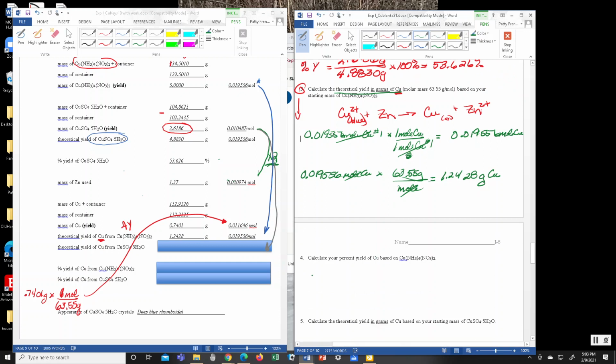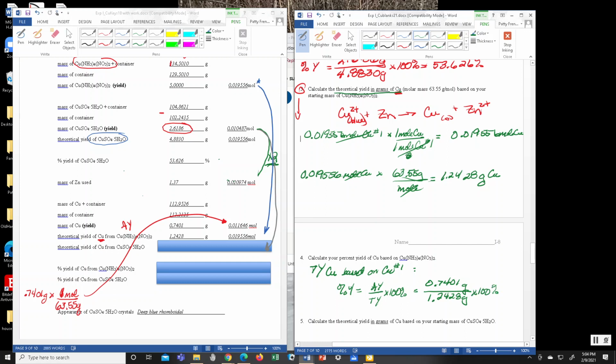calculations? Now that we know the theoretical yield of copper based on copper number 1, we want to know the percent yield, which, remember, again, is actual divided by theoretical times 100. Our actual was right here above it, 0.7401. That's all the grams of copper we got, divided by what we should have gotten, 1.2428 grams, times 100%.